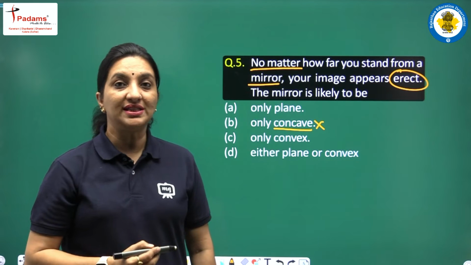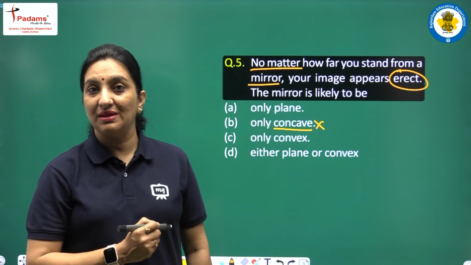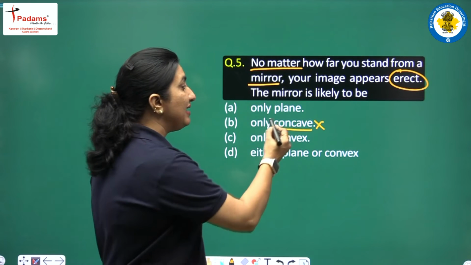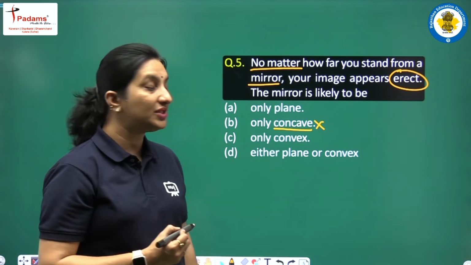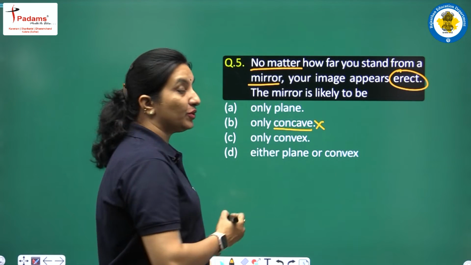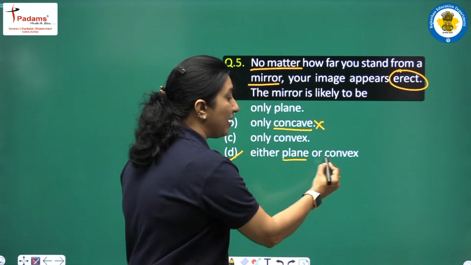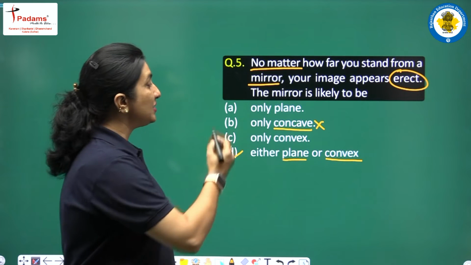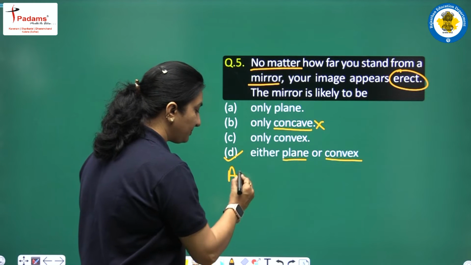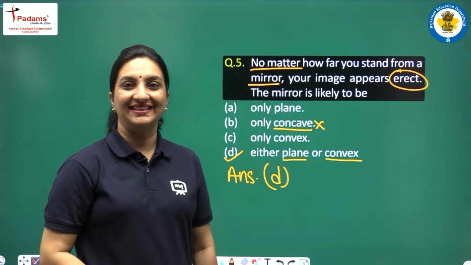For convex mirrors, yes, in case of convex mirrors, we get an erect image. So we get an erect image for plane mirrors also, and we get an erect image for convex mirrors also. So the last option, which is either plane or convex, is the correct option. So students, for question number 5, the answer will be option D.